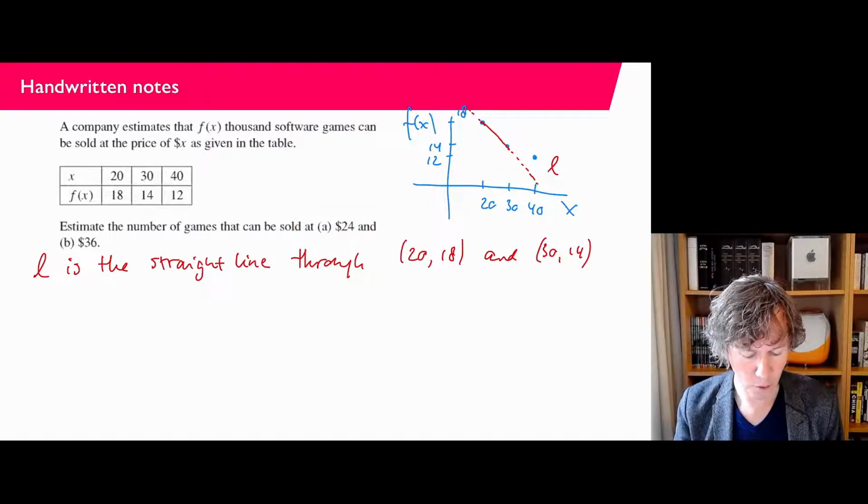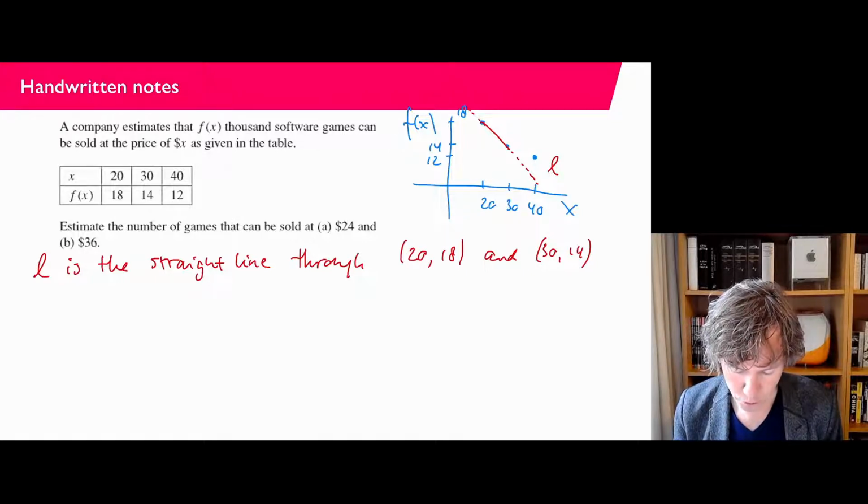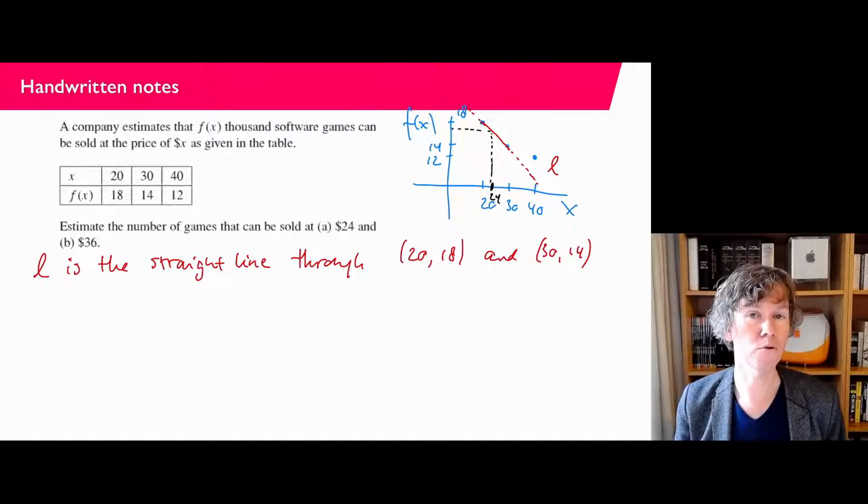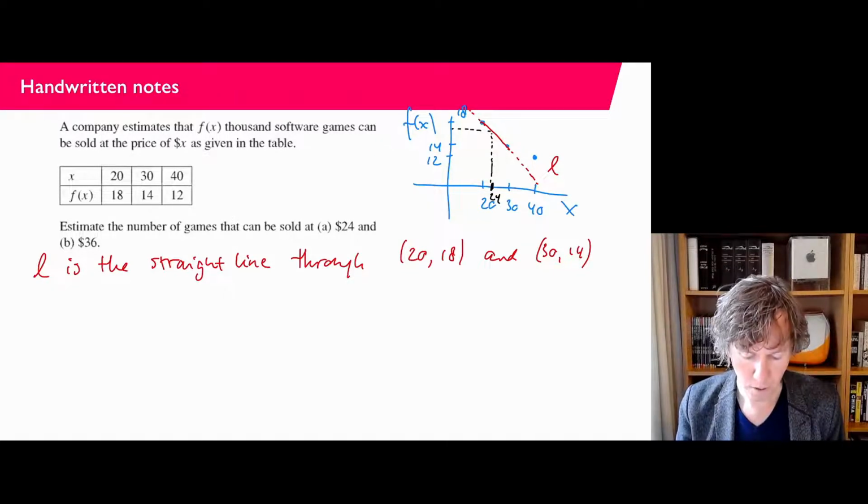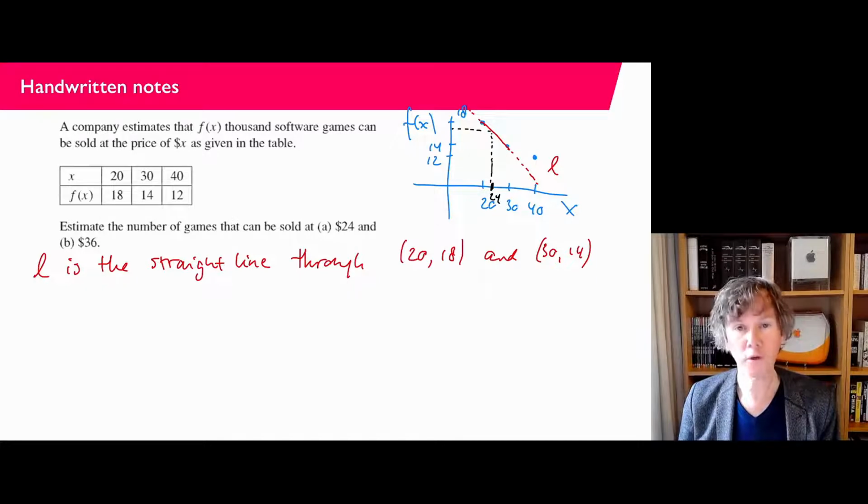So basically we have, let's do that in black, somewhere in between here, we have 24. And now as an approximation for 24, I am going to use linear interpolation. So I'm going to look at this straight line and see which value it gives me. So what is the equation for a straight line?